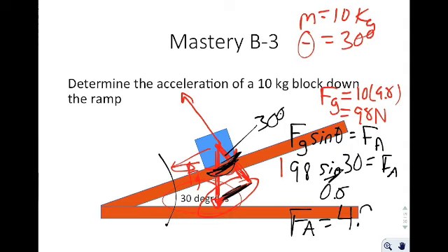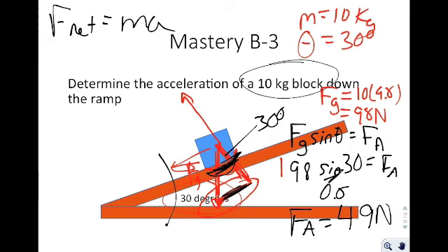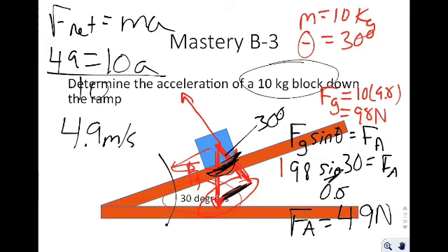The applied force is now 49 newtons. Not 4.9, but 49 newtons. Now that I have the leftover force, I can use the mass of the block and use F net is equal to ma, or 49 is equal to 10a. Dividing both sides by 10, the acceleration would be 4.9 meters per second squared.